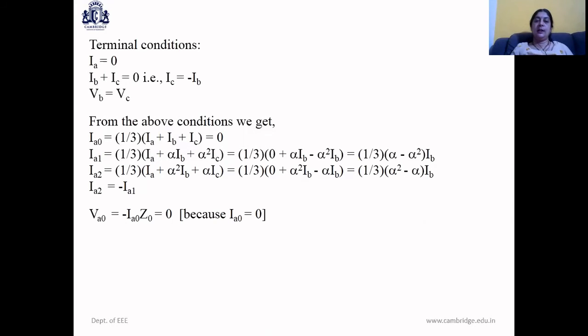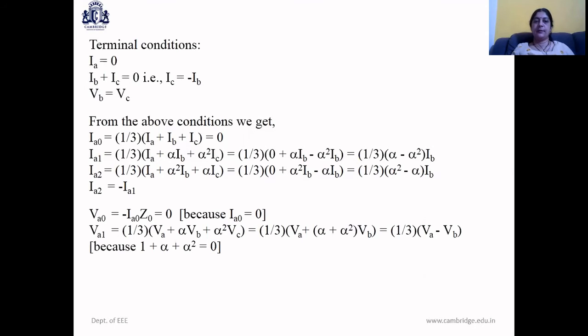VA0 is minus IA0 Z0, because IA0 is 0, VA0 is also 0. VA1 is 1 by 3 VA plus alpha VB plus alpha square VC. That is 1 by 3 VA plus alpha plus alpha square VB because VB is equal to VC.